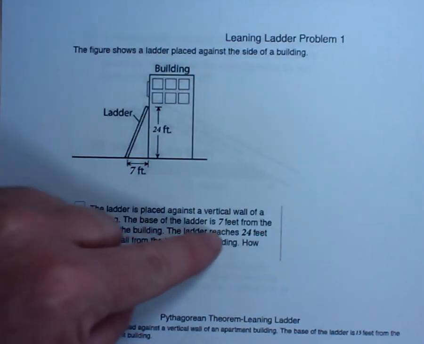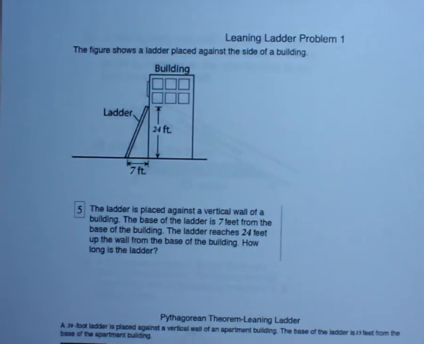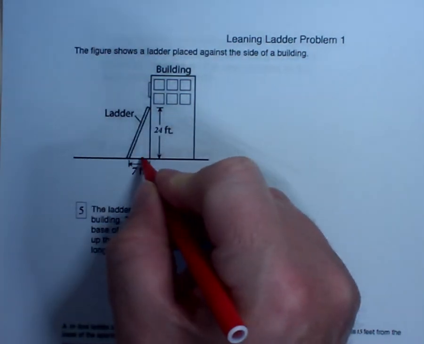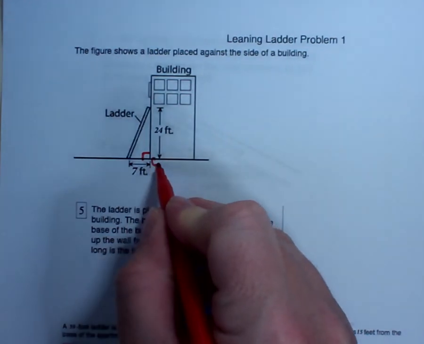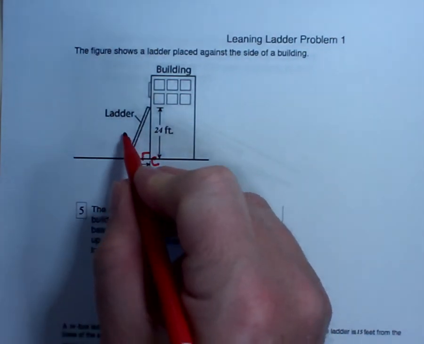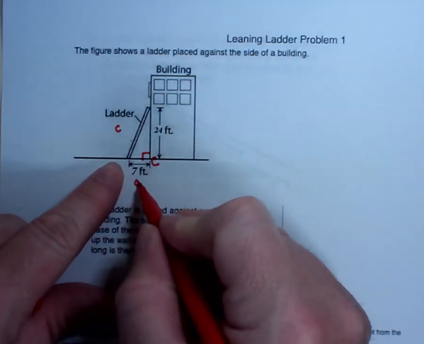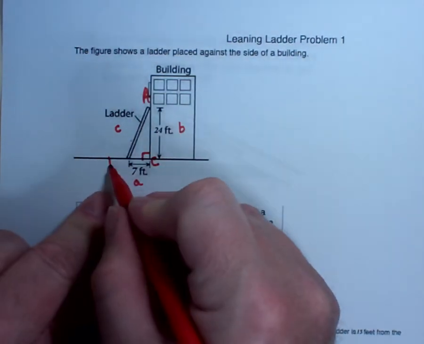The ladder reaches 24 feet up the wall from the base of the building. So this is important that they tell you it's a vertical wall and a flat street here, which makes a 90-degree angle. That's your capital C. Then you go across, the ladder is little c. This would be A, point A, B, point B.